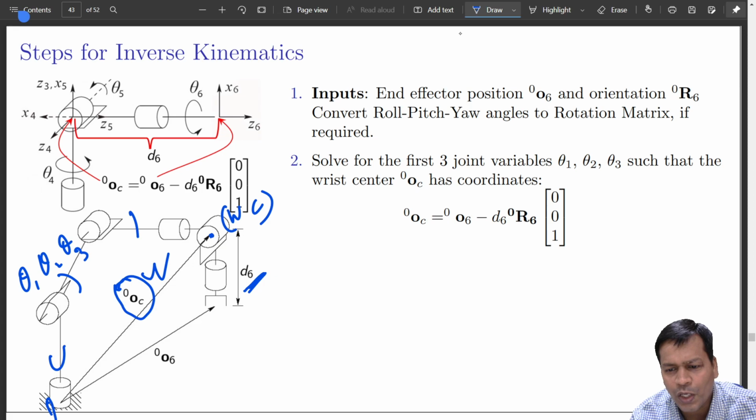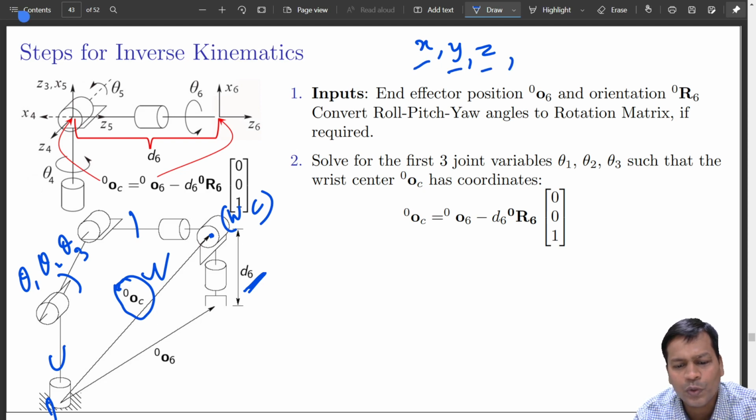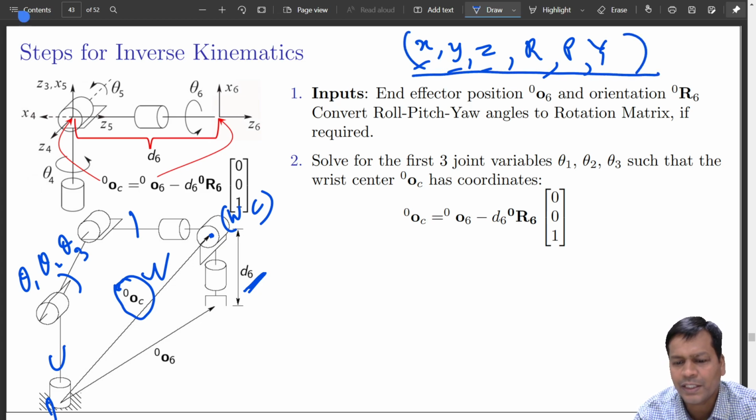Because you know what all things you know: x, y and z. We are doing inverse kinematics, so we know the position, and we also know the orientation. In the case of industrial robots, orientation is given as roll, pitch and yaw angles. So overall this information is there with you.